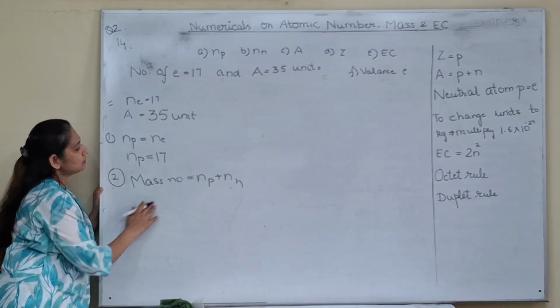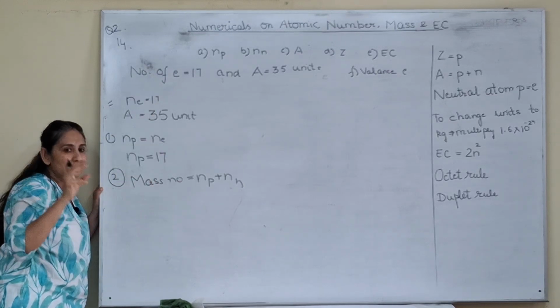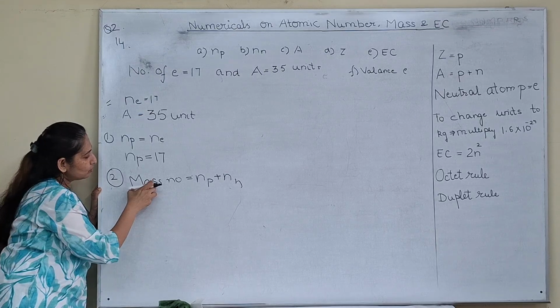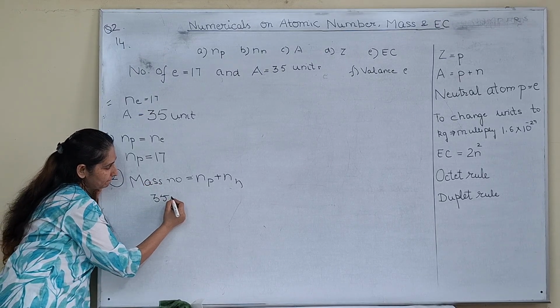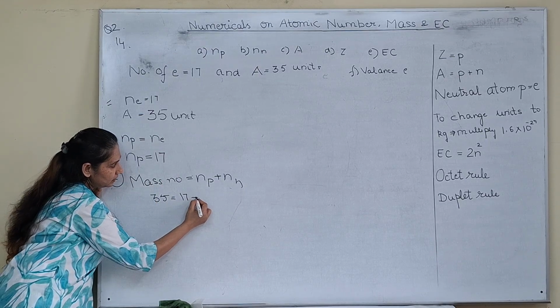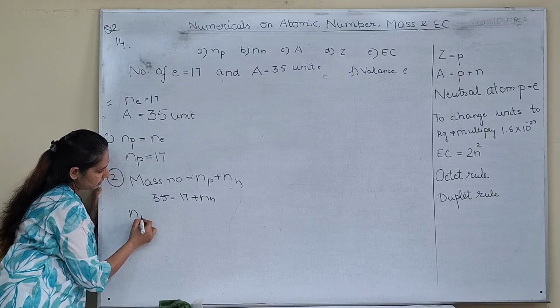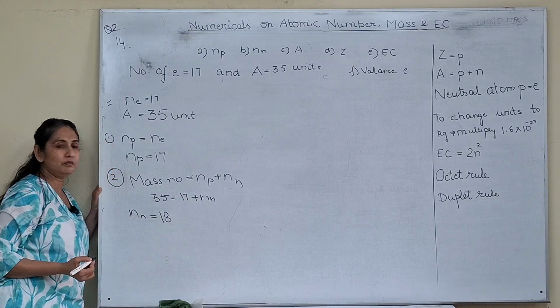Okay, what is the mass number? This number, atomic mass, the value of the number remains the same. So this mass number is 35. Protons we know is 17 and this is neutrons. So we get neutrons, when I calculate this is 18 neutrons.